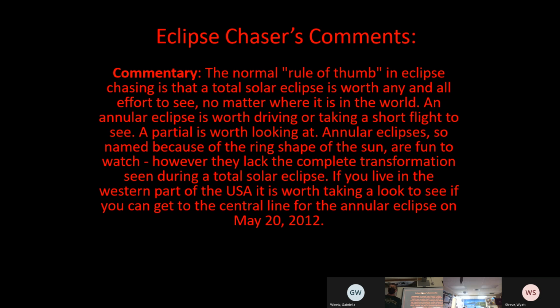A partial eclipse is worth looking at. Annular eclipses, so named because of the ring shape of the sun, are fun to watch. However, they lack the complete transformation seen during a total solar eclipse. If you live in the western part of the USA, it's worth taking a look to see if you can get to the center line for the annular eclipse coming up in 2023.